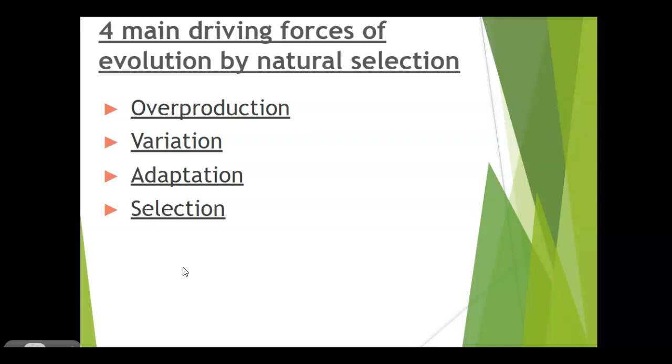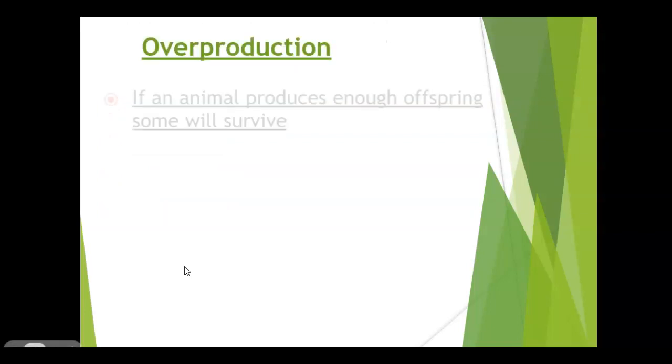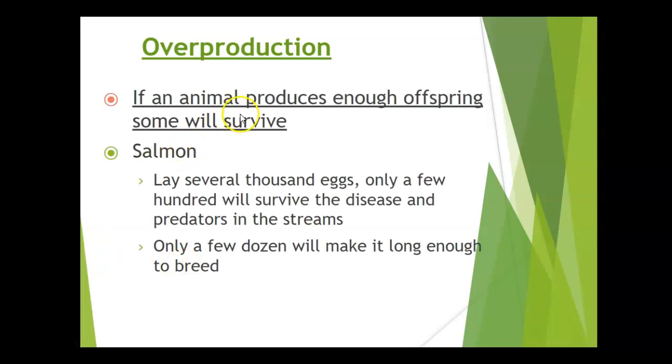The other thing to look at is, in detail, what is the process of natural selection? Well, remember, natural selection means that Mother Nature is selecting. Now, it's not an individual choice; it's a reaction to the circumstances. Step one is overproduction, and what that means is that you want to produce enough babies or offspring that some will survive.